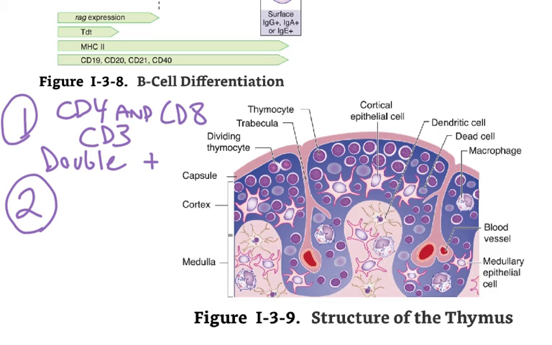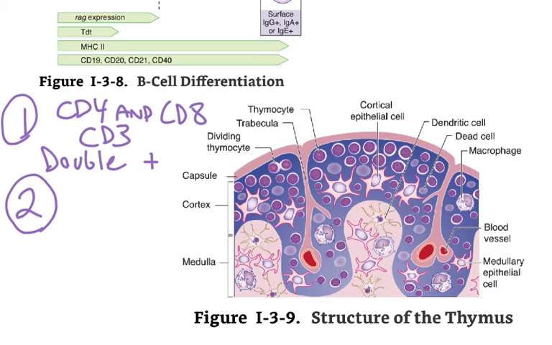But anyways, we want these T cells to bind to the MHC complex, because that's what they're going to have to do in the future. They're going to have to bind to antigens being presented by the MHC complex. But we don't want them to have affinity for these self-antigens, or else they're going to cause autoimmune problems, right?